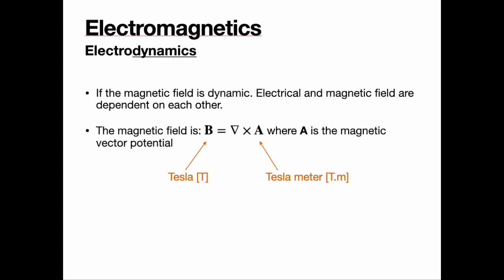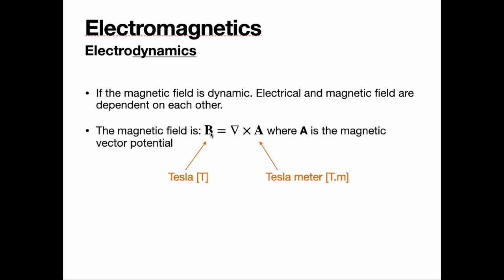Now, let's discuss the magnetic field. So B is now in unit Tesla. It's defined as the curl of A, where A is also a vector in Tesla times meter, and it's the magnetic vector potential.